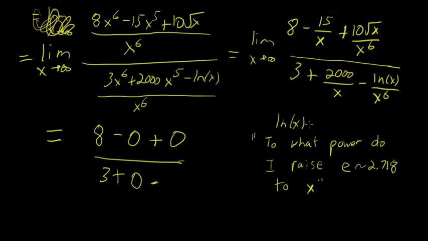You put in 100 for x, ln of x is only going to be 4 point something. So when you take the ln of a number, it's making that number smaller. When x gets really big, ln of x also gets bigger, but not as fast as x gets big.